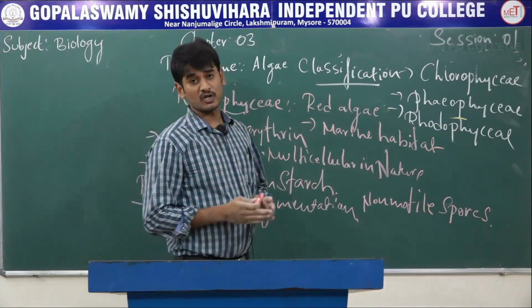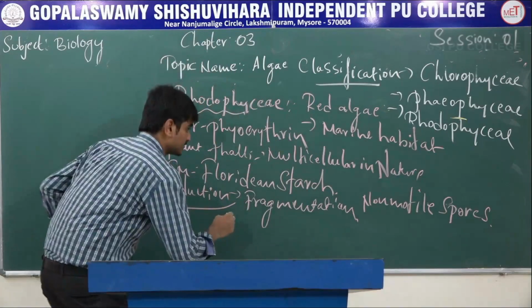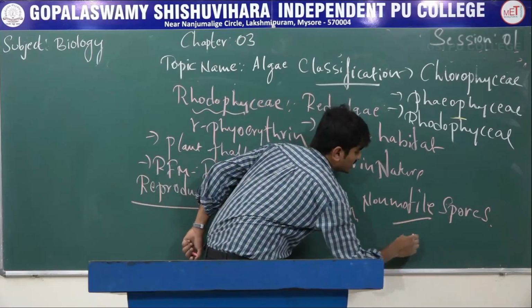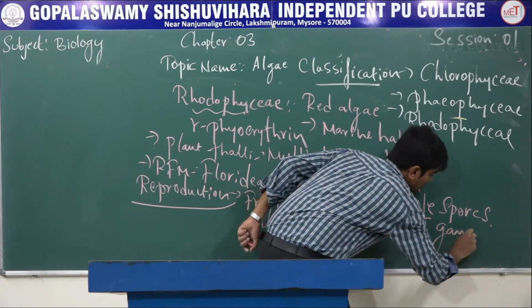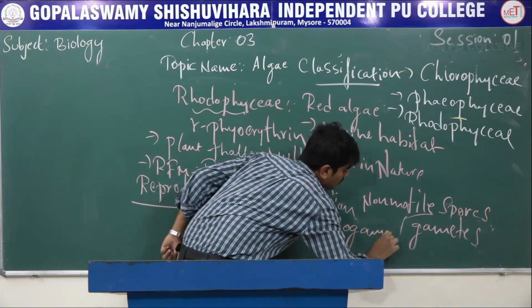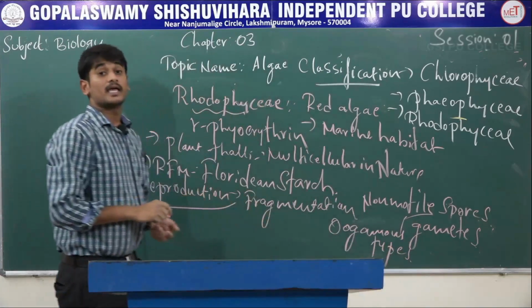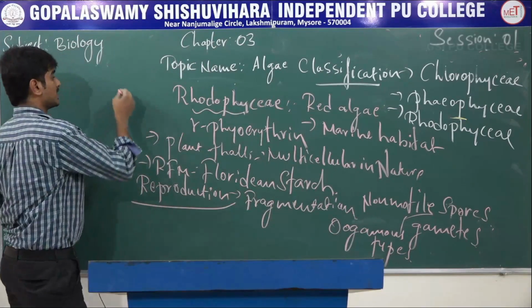Sexual reproduction takes place by non-motile gametes, that is the oogamous type.